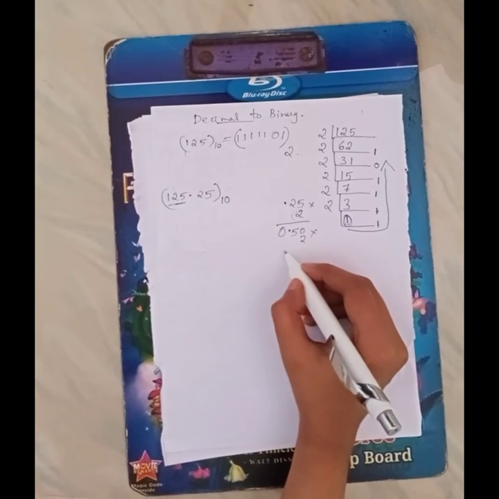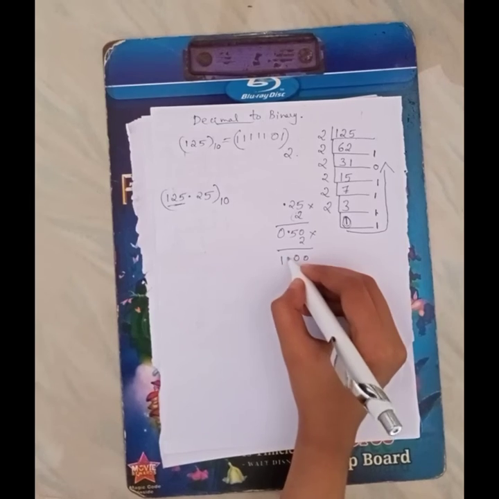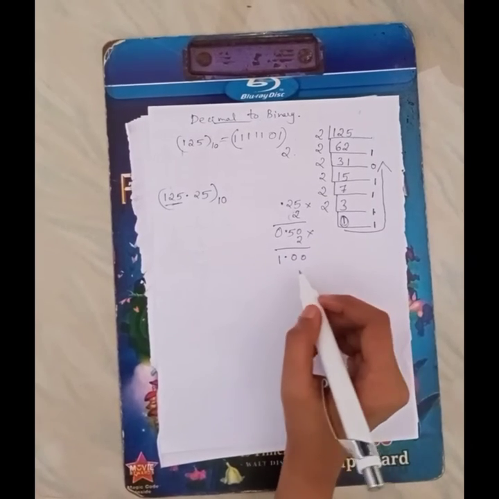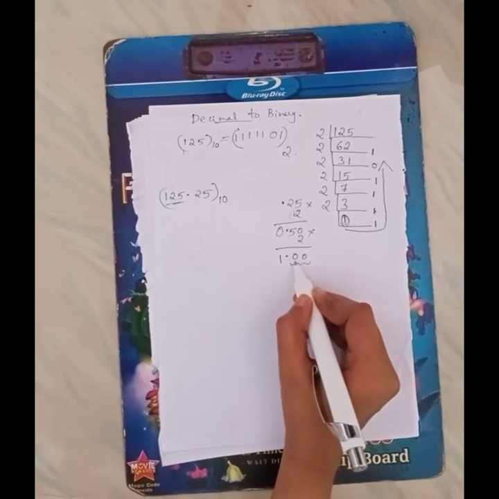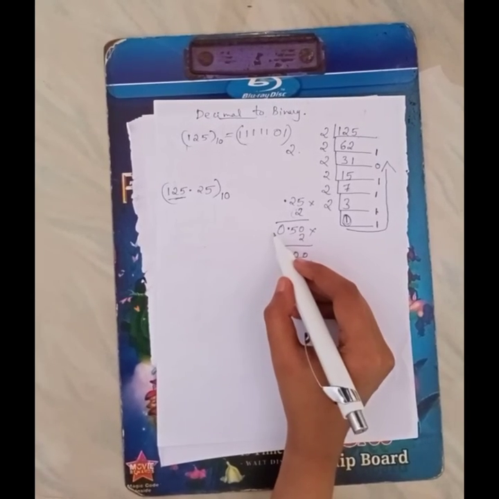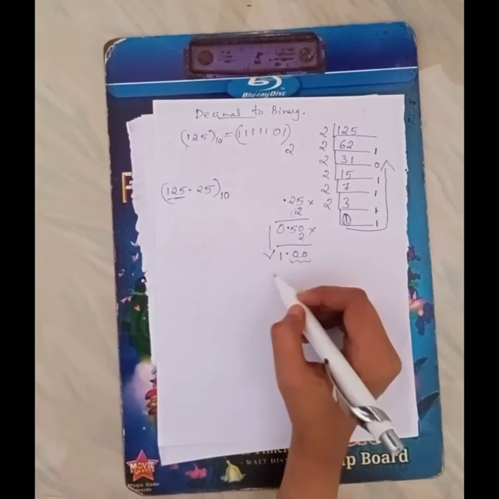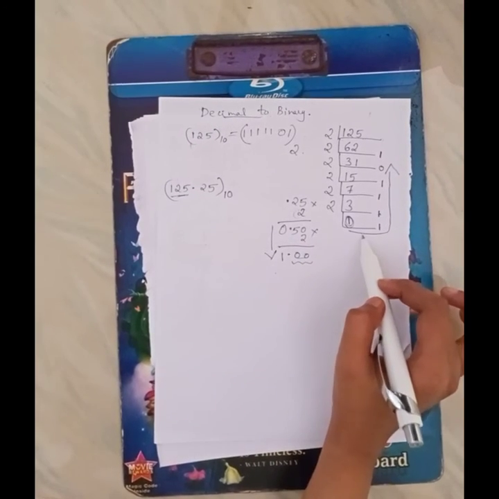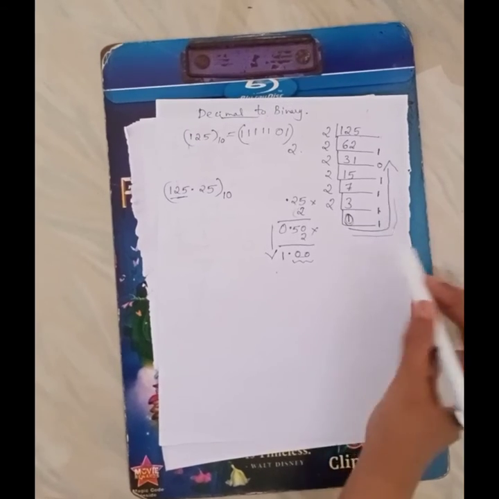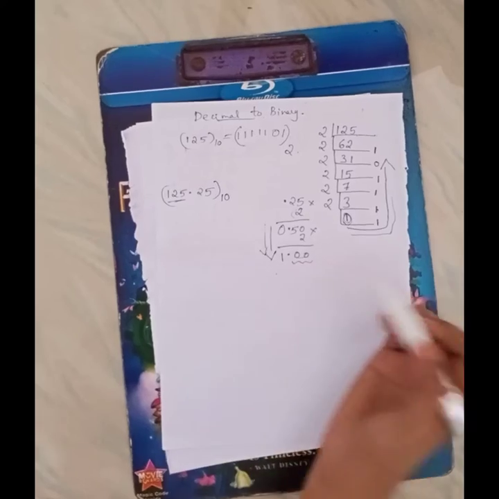Again we multiply it with 2. That means there is no value after this point. What we get is 0 1. We take this as up to down. For division it's bottom to up, and for multiplication it's up to down.